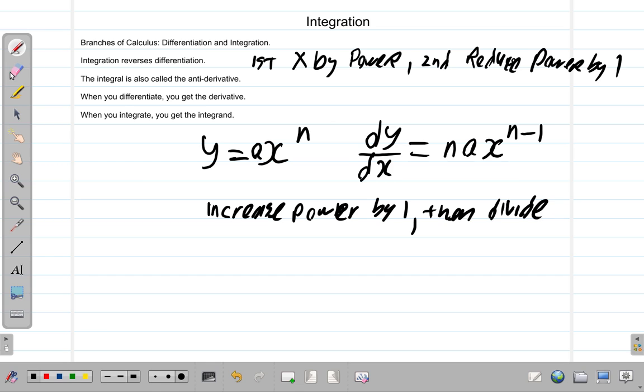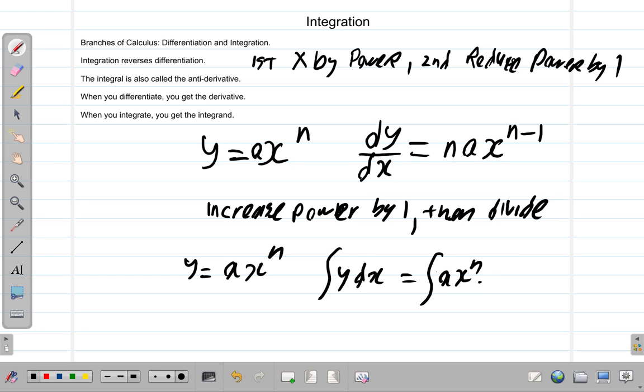So basically, just like how when you have y equals a x to the n, dy by dx is n a x to the n minus 1. When you have y equals a x to the n, the integral of y with respect to x, which is the integral of a x to the n with respect to x, is going to be ax to the n plus 1 divided by n plus 1.